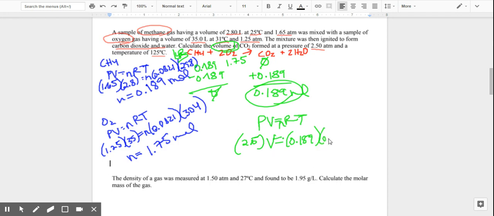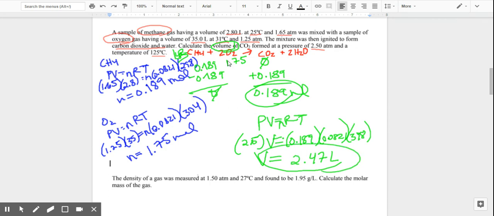R is 0.0821, the R constant, and the temperature is 125 degrees Celsius, which if we add 273 to that, is 398. So now all we have to do is solve for that, and you get a volume of 2.47 liters, and that's our final answer.